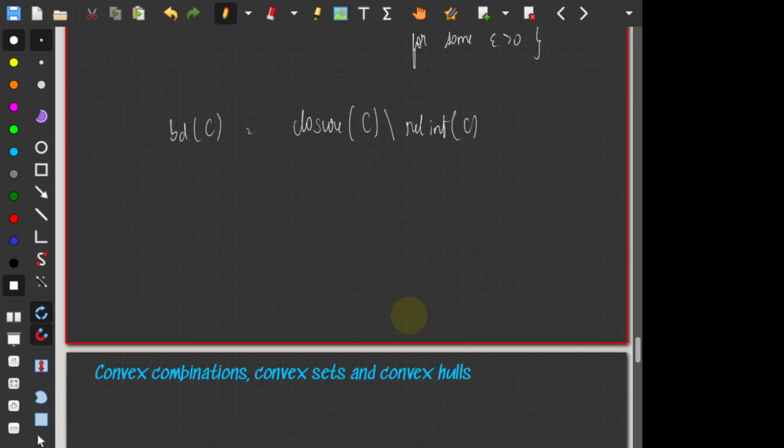Okay, so far what we looked at were affine combinations: any linear combination of points where the coefficients all sum to 1. If in addition you impose that all the coefficients must be non-negative, then it's called a convex combination.